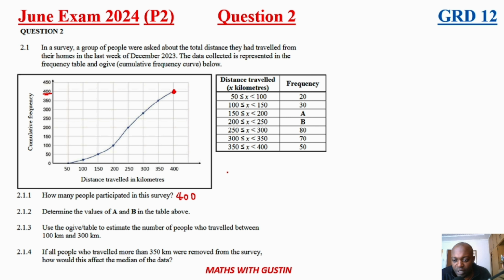2.1.2, determine the value of A and B given in the table. They want us to calculate these two values here. What can you do in this case? Simple and straightforward.